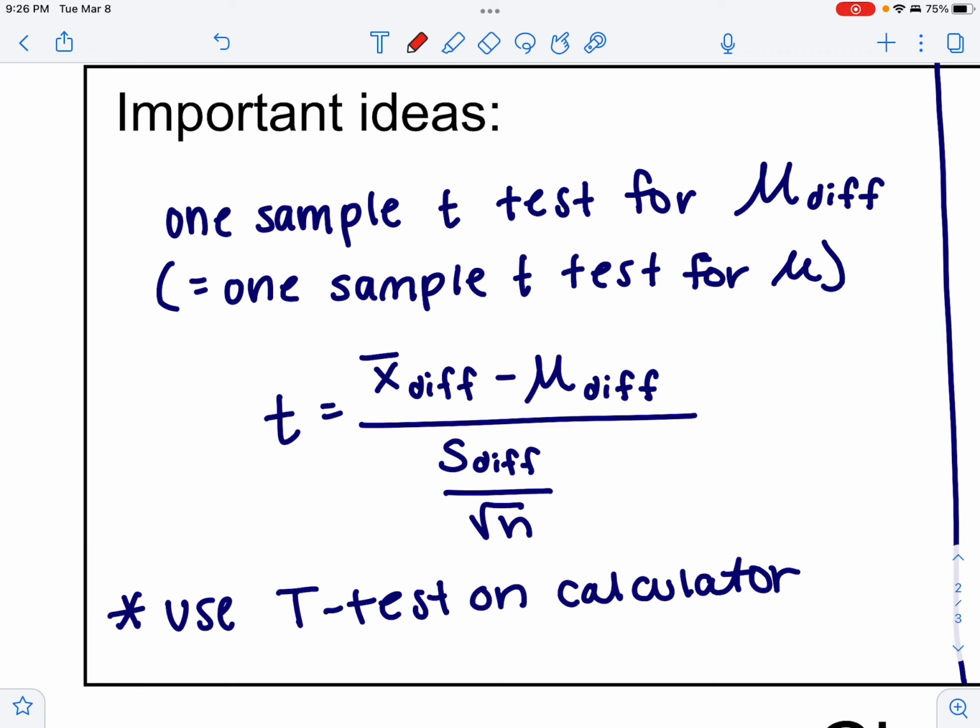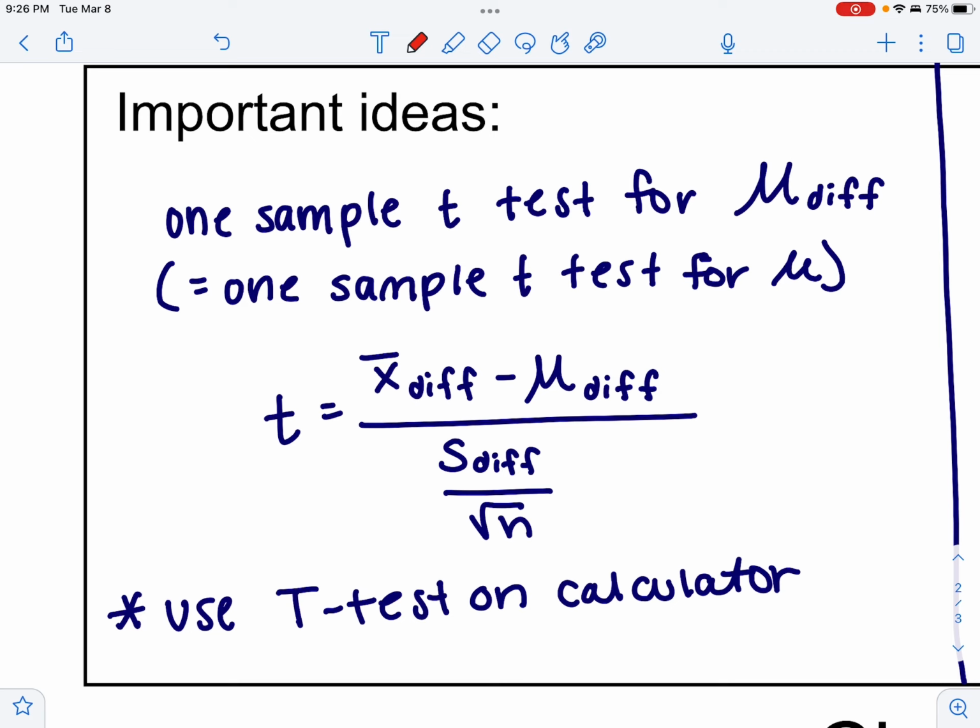The only difference is that the data that I'm studying comes from matched pairs and the difference between those pairs. But still, I approach it the same way I do a one sample t-test for mu. The t-score formula is x-bar sub difference minus mu sub difference over standard deviation sub difference divided by the square root of n.